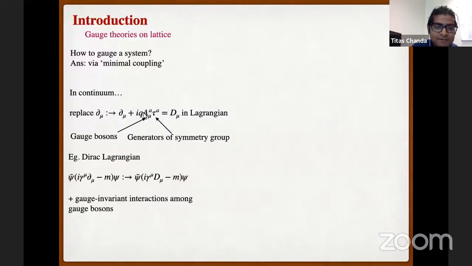A describes the field corresponding to gauge bosons, and tau are the generators of the symmetry group. In case of U(1), it will be just 1. For SU(2), it will be Pauli matrices, for SU(3), Gell-Mann matrices, etc. As an example, the kinetic term of the Dirac Lagrangian will be transformed like this. If we replace the kinetic term of the Dirac Lagrangian by this, we have a gauge invariant theory. Plus, we can add gauge invariant interactions among gauge bosons.